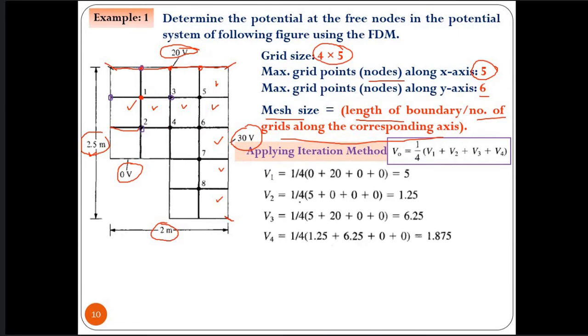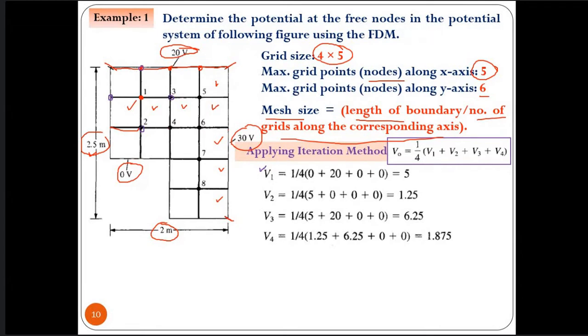So first, consider how you will be able to find out V1. From the basic equation, V1 will be 1 by 4 times (V2 plus V3 plus 20 plus 0).